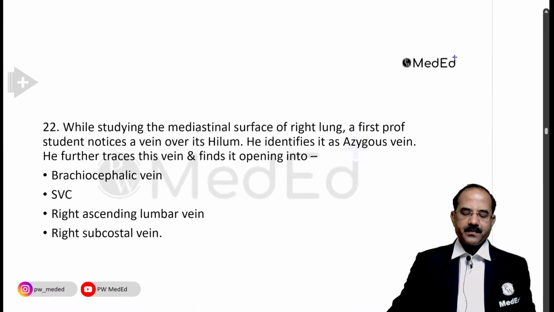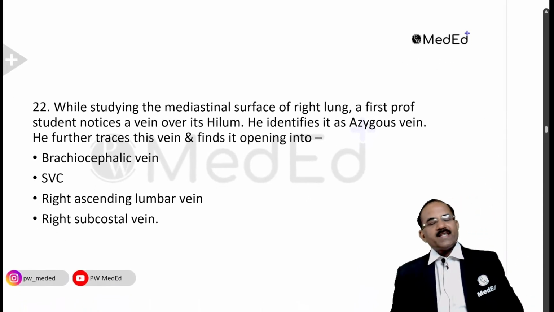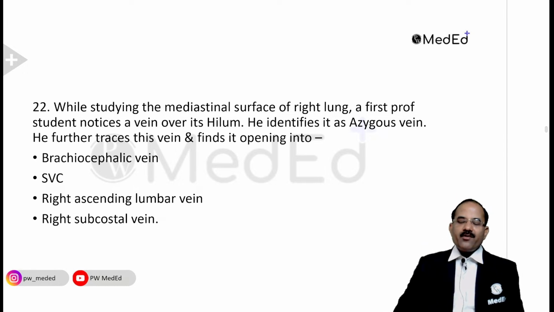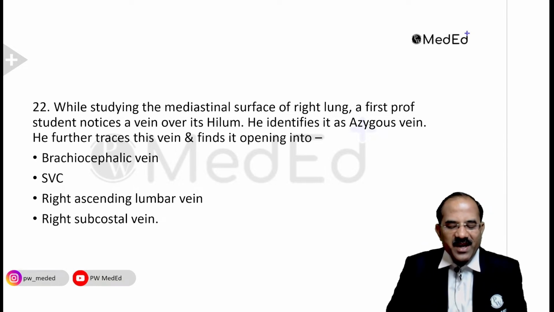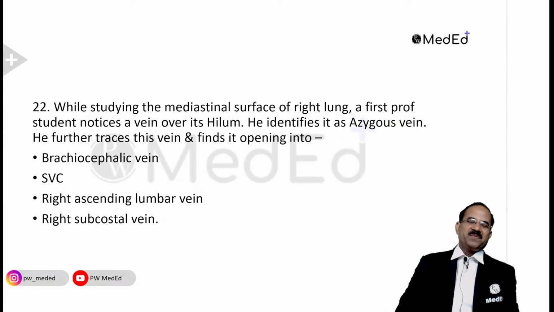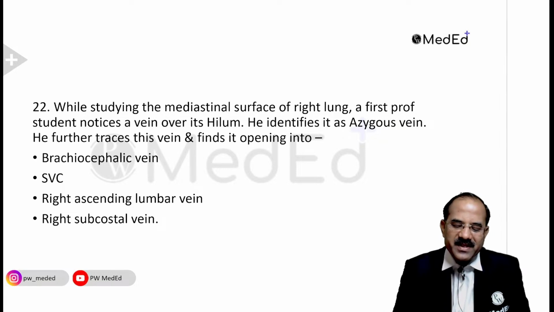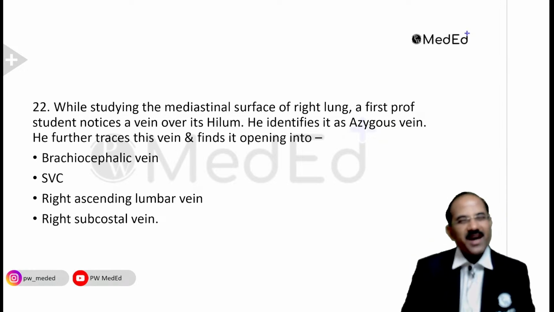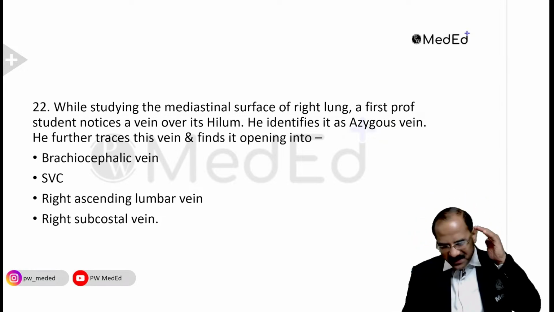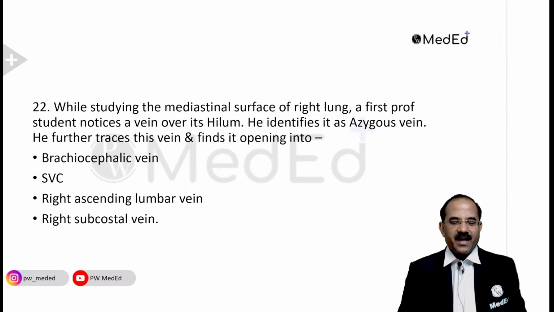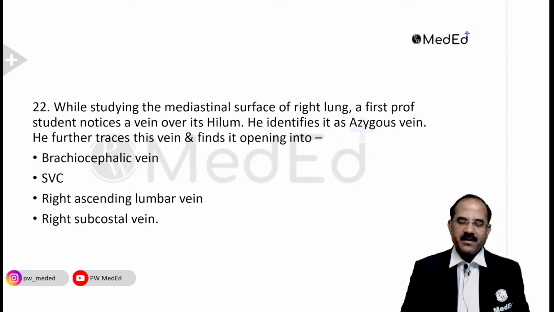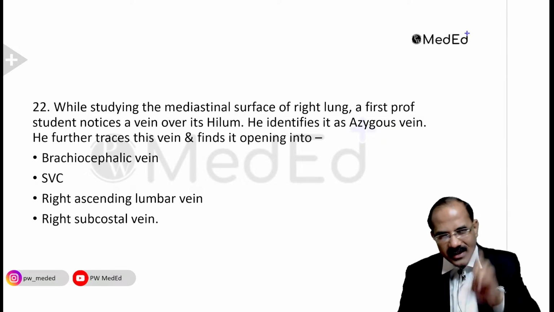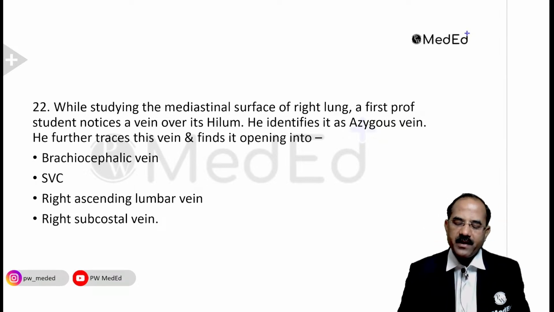Answer this. While studying the mediastinal surface of the right lung, a first prof student notices a vein over its hilum. In other words, which is the structure which arches over the hilum of the right lung? That's the MCQ that you have to understand. He identifies it as the azygous vein.